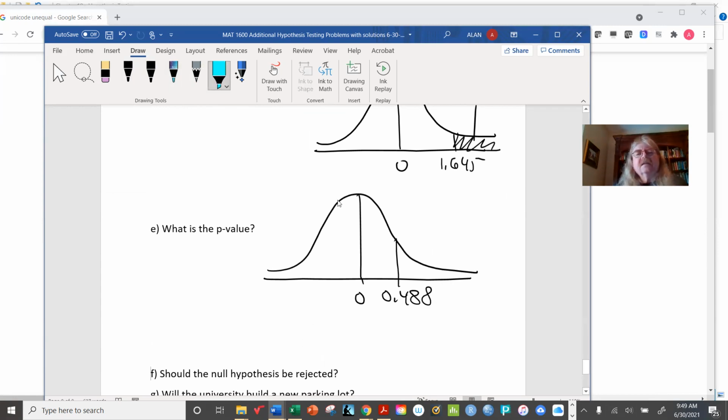I like this system. Blue is a reminder that this is the p-value, not the rejection region. I don't know, it just looks cool. So this is my test statistic.